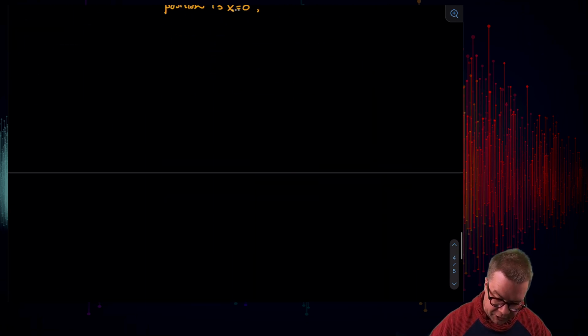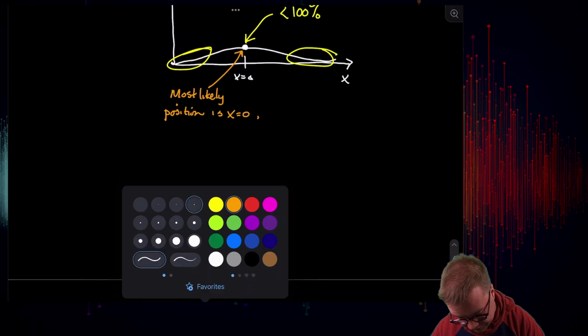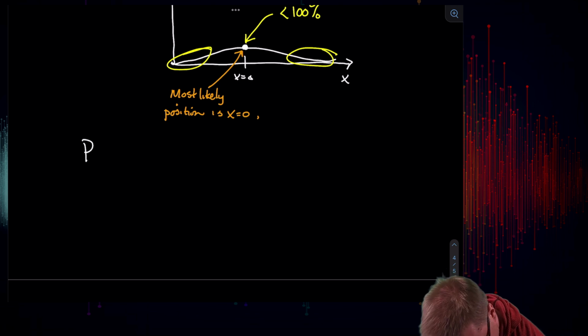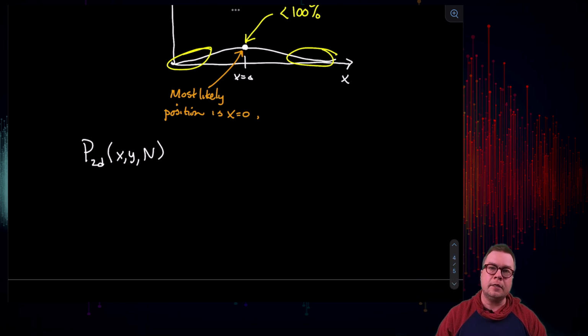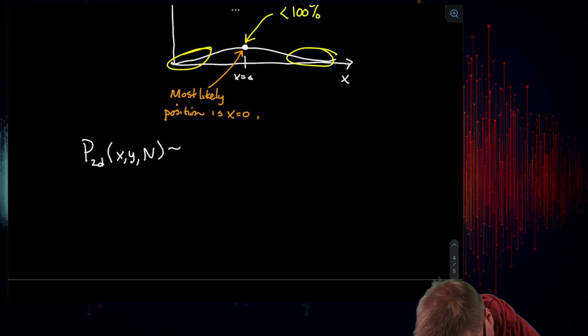Okay, so that's in one dimension. If I wanted to look at this in 2 dimensions, the probability in 2 dimensions of having a position x and y after n steps, you could assume that the probability of moving in the x direction is independent of the probability of moving in the y direction.